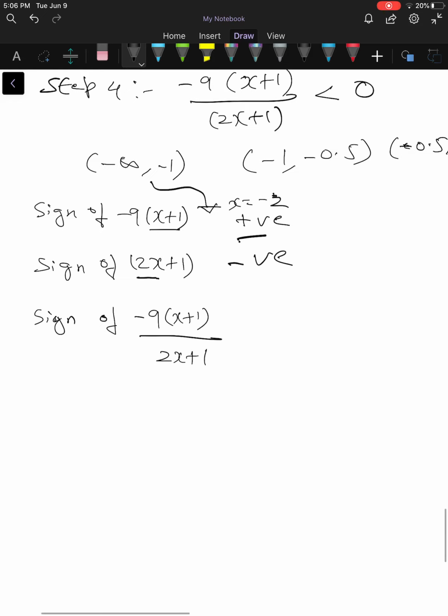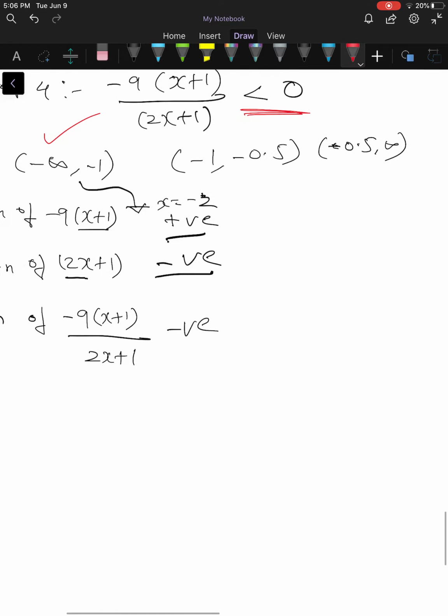So the numerator is positive, the denominator is negative, and you will get negative as an answer. So this interval can be considered because we have the less than 0 sign.